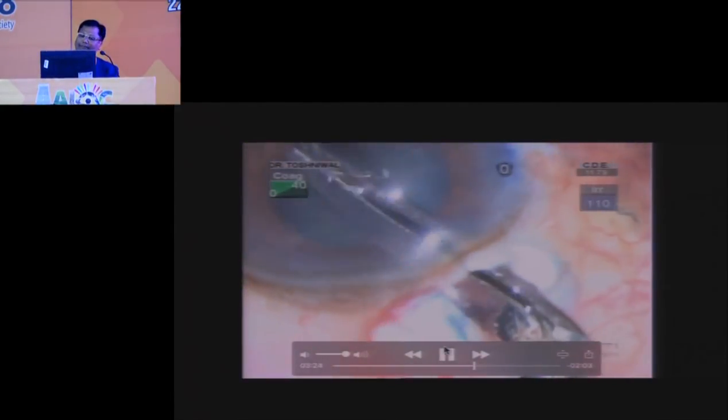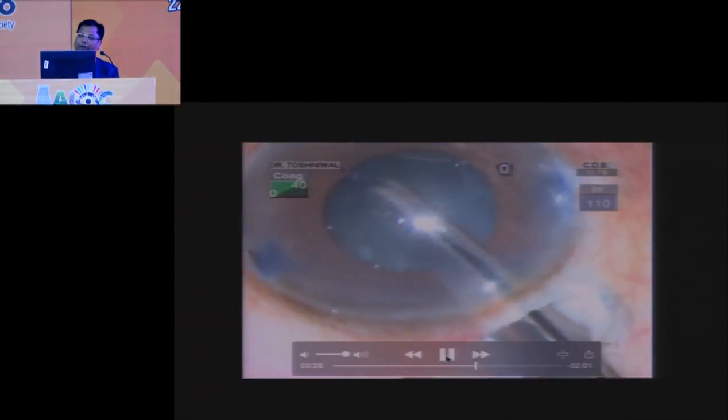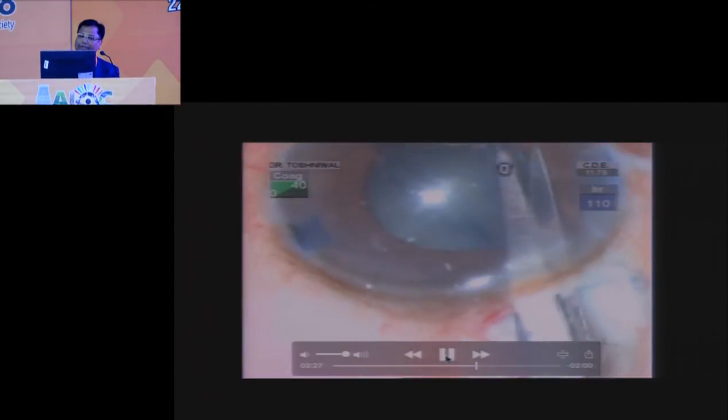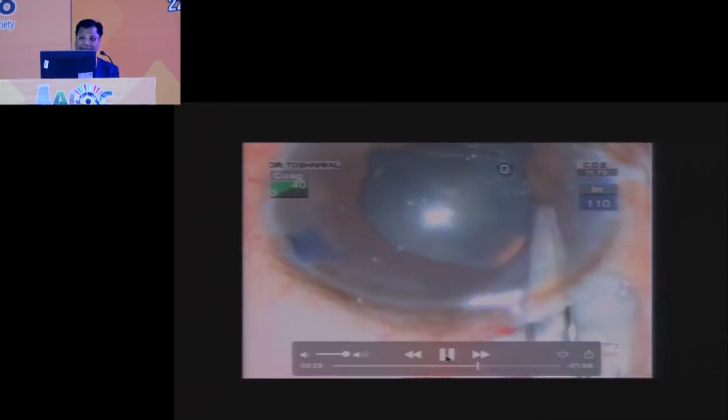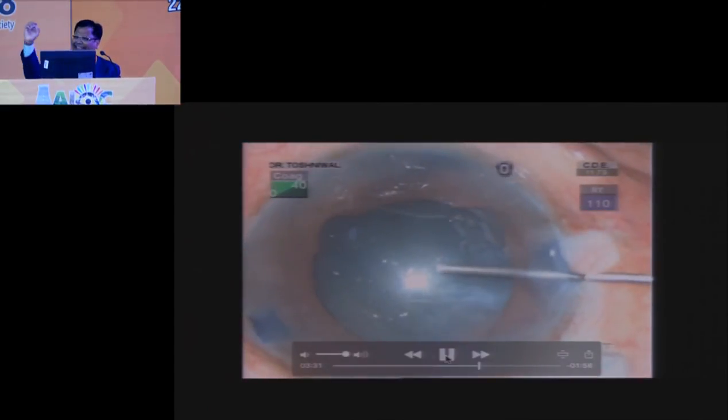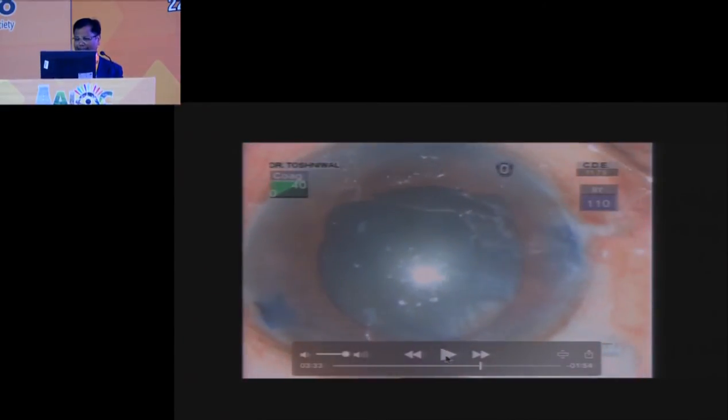This is another step, not very important, what I am doing is the sphincterotomy. No need to do this much sphincterotomy, just a little bit, a tiny sphincterotomy, not to dilate the pupil, but the very important thing is that the plane of the iris will go back. And this is the very good advantage, very tiny, so that it should not look ugly and should not affect your quality of vision.